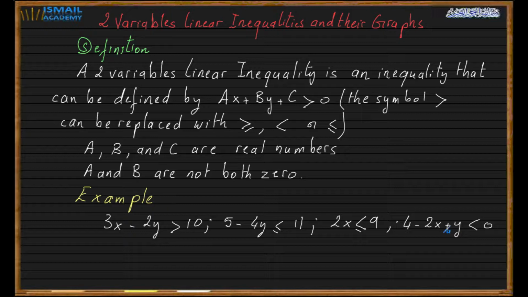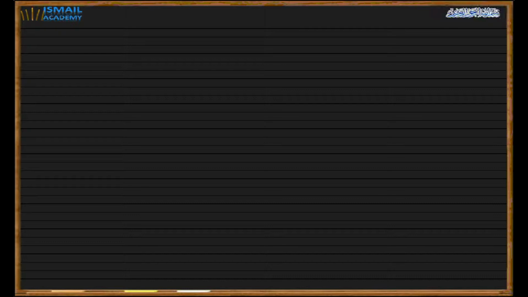So now let's talk about the properties of two variable linear inequalities. So the first property is about the solution.